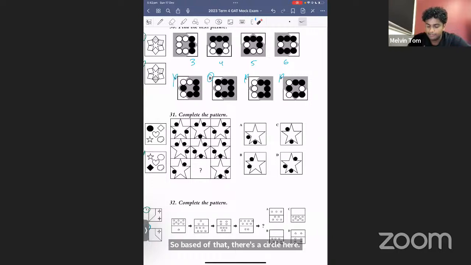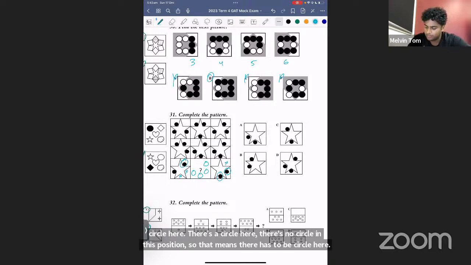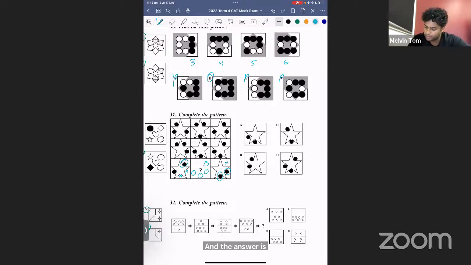What does that mean? It means that there has to be a circle in the bottom left. There's a circle here, there's no circle here, so there has to be a circle here. And the answer is, oh dear, none of the answers make sense.